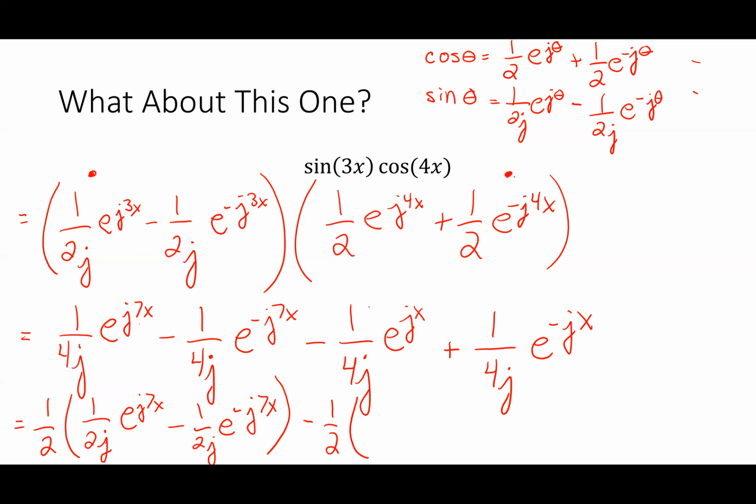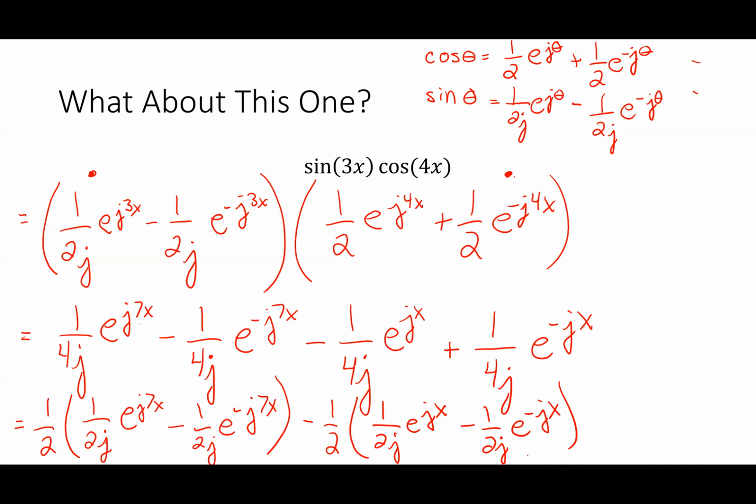What happens to the first term if I factor out a minus 1/2? It becomes positive 1 over 2j e to the jx. And what happens to this character? It becomes a minus 1 over 2j e to the negative jx. This is like a math Olympiad sort of question to you, right?